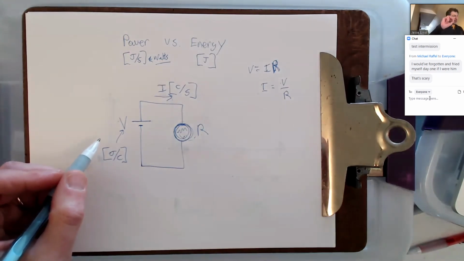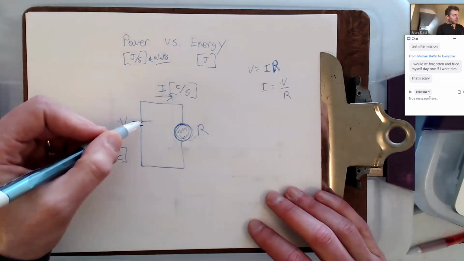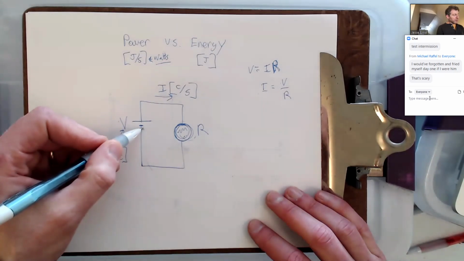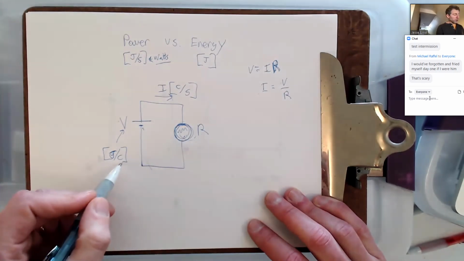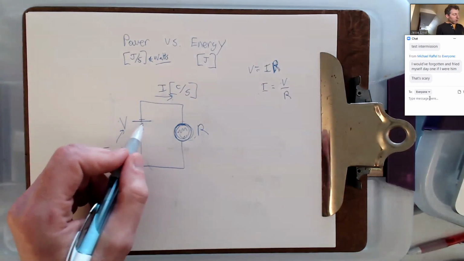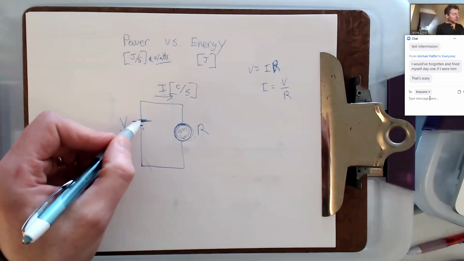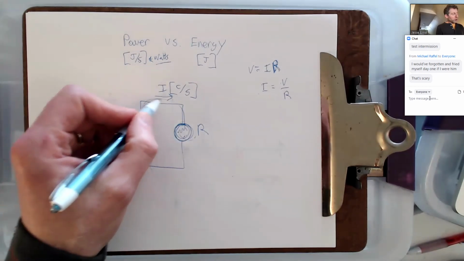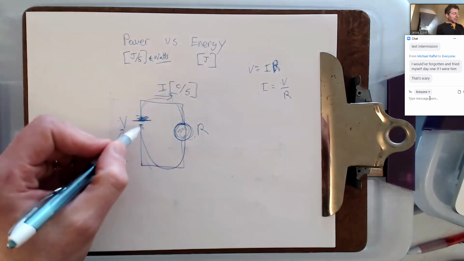So think carefully about this one step. Every 1 coulomb that flows from here to here loses V joules of energy, because it's V joules per coulomb. Since it's a V voltage, V joules per coulomb drop, that tells me how much energy the coulomb of charge loses when it goes from the high side to the low side.